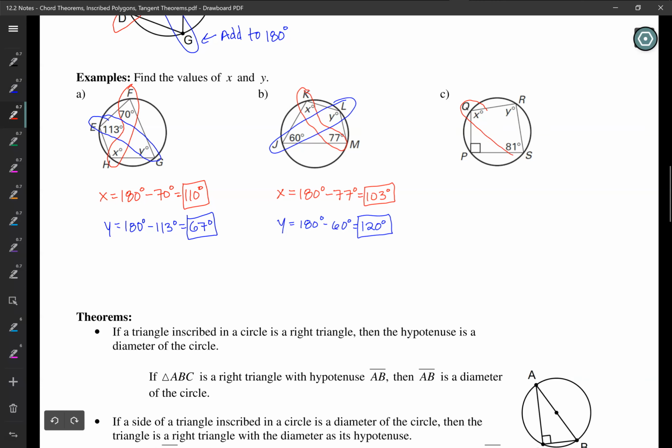On this one, x is 180 degrees minus 81 degrees, which is 99 degrees. And y is 180 degrees minus 90 degrees. Right angle right there would be 90 degrees. So that would be 90 degrees.